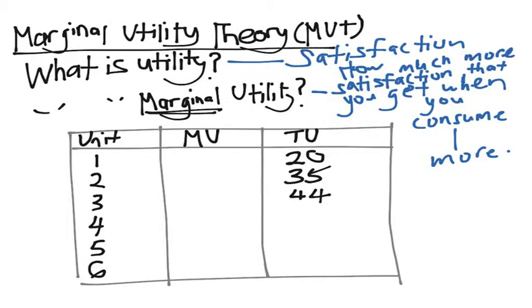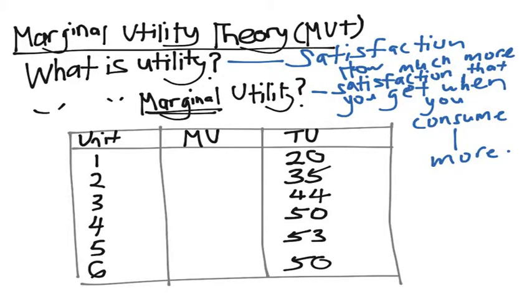Let's say now it's 50, and the next one is 53. And at the very last piece of bread, the sixth bread, you may be full. If I force you to eat, you may feel less satisfied than before. After you eat the last piece, you feel like you want to vomit, and this decreases your satisfaction. Let's say it shrinks back to 50.